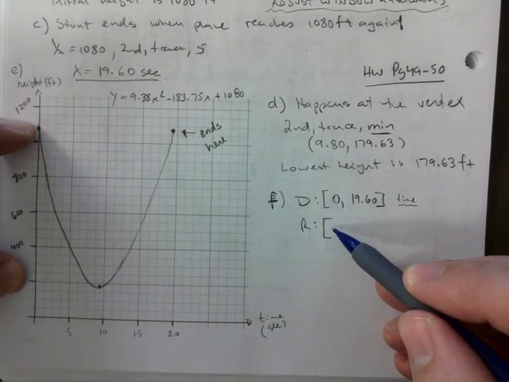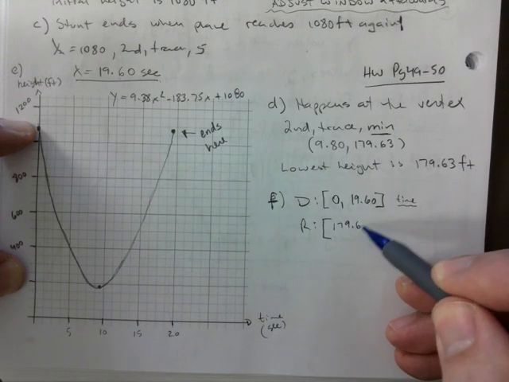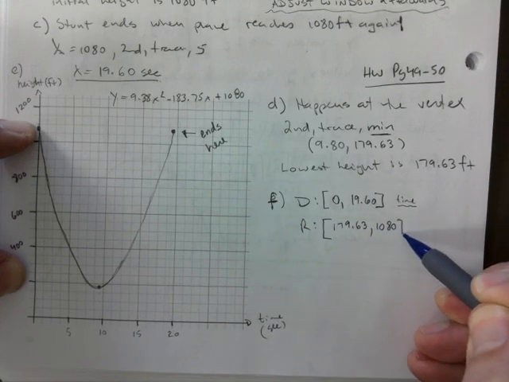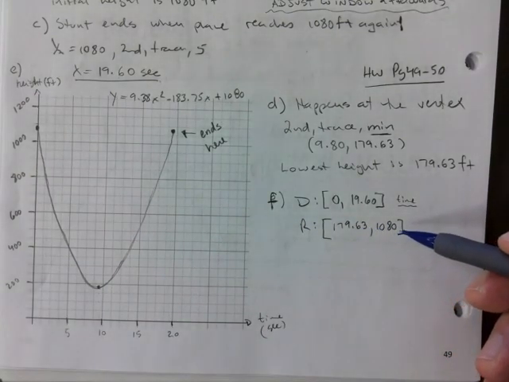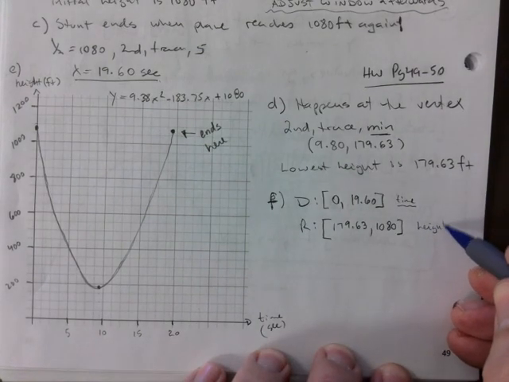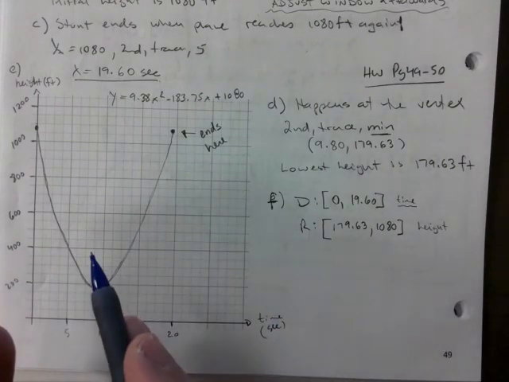So the lowest y value I ever am allowed to have is 179.63 and as high as 1080. Nothing below, nothing above. That's all you're allowed in this case. So your domain and range should jive with your graph, by the way, right?